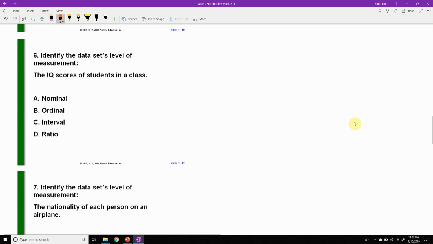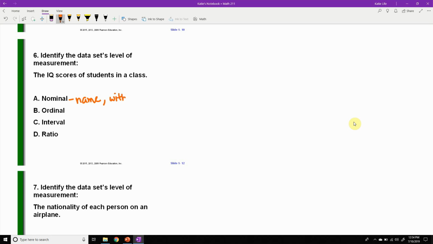All right, number 6. Identify the data set's level of measurement. Okay, so once we have an idea of whether something is qualitative or quantitative, then we take it a step further and we give it a level of measurement for what we can do with that piece of information. The lowest level of measurement is the nominal level, which just means that we can name stuff.